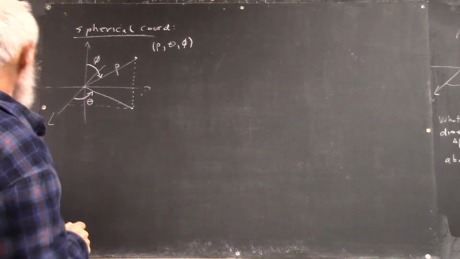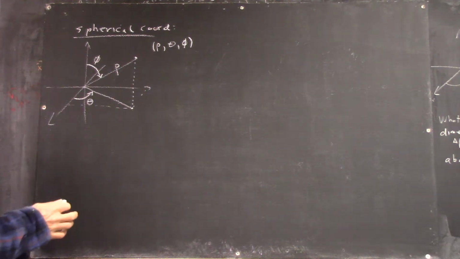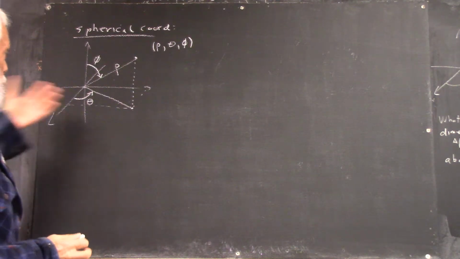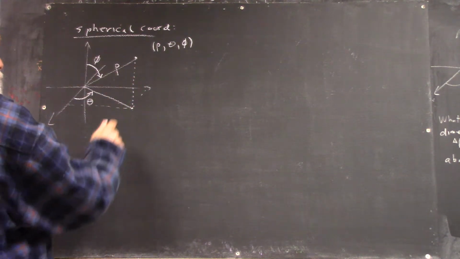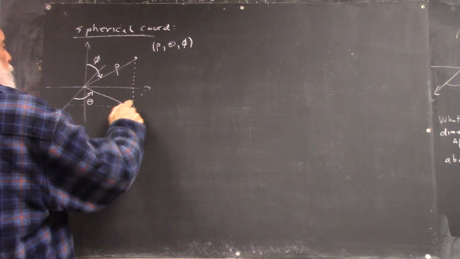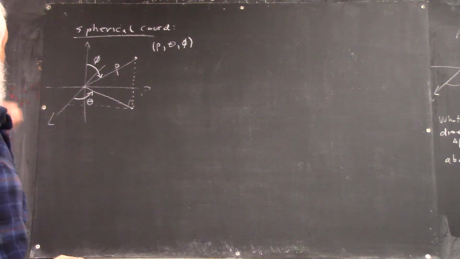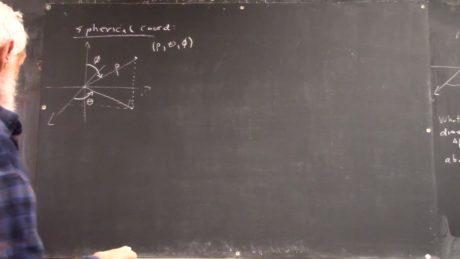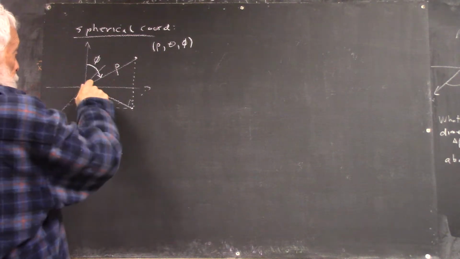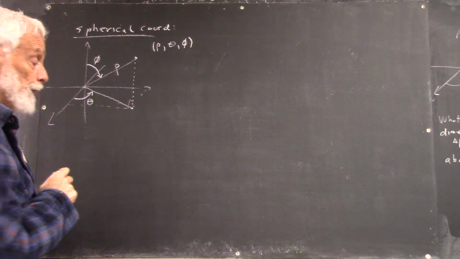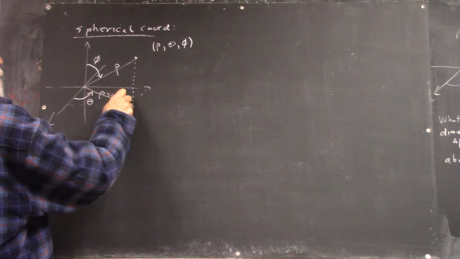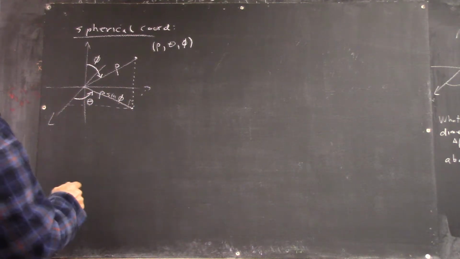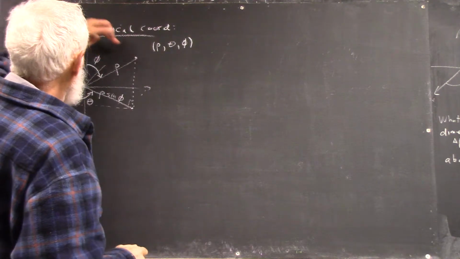Now, what are the x, y, and z coordinates? Well, we have some very simple triangles here, right? And they're all right triangles. Of course, this projection is implicitly at a right angle. So the length of this segment is rho sine phi, because, of course, we have a triangle up here.